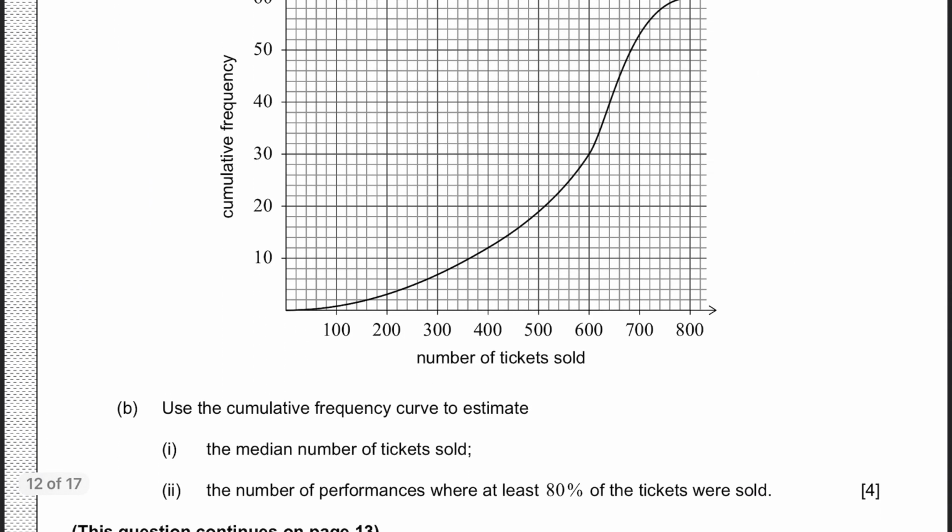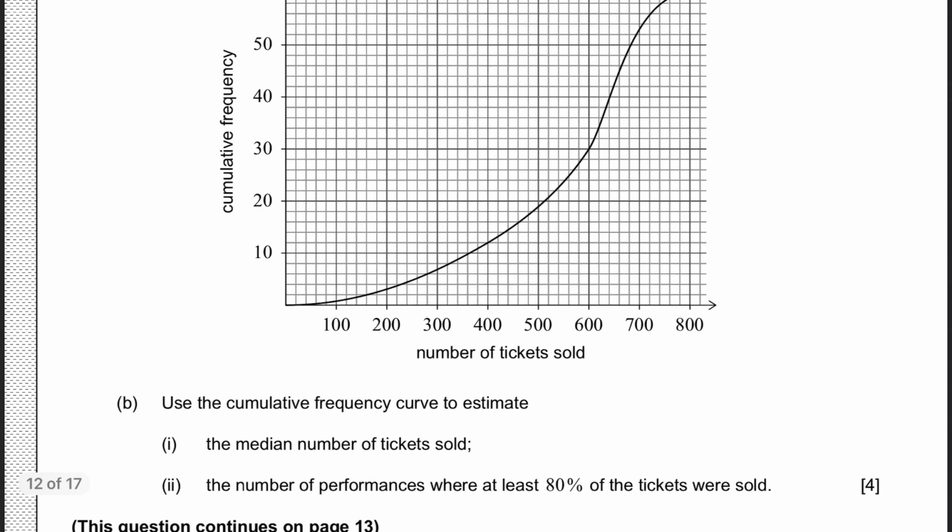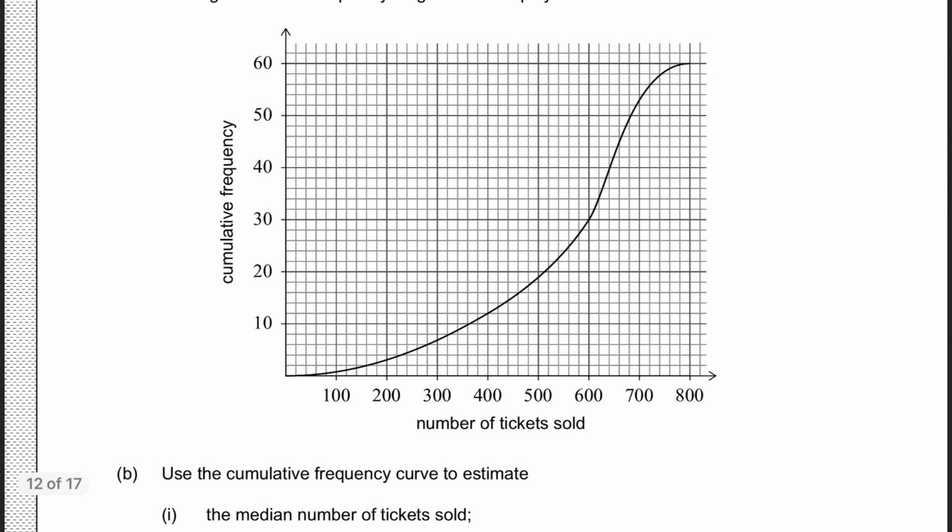Question B, we need to use the frequency curve to estimate the median number of tickets that were sold. We know the total frequency is 60, as you can see it reaches the maximum point at 60. That means we need to do 60 divided by 2 to find the middle number, so we are looking at 30 as a center.